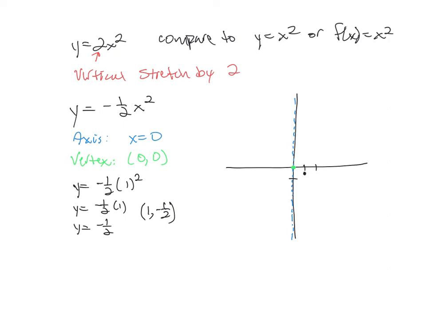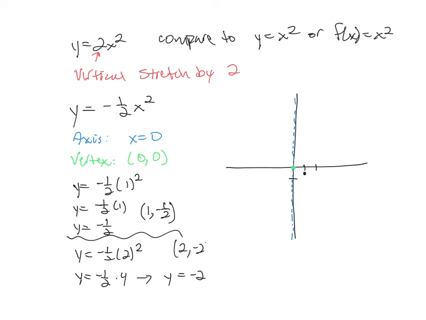You can just estimate it, that's close to the middle. Then I'm going to plug in 2. Negative 1/2, and I plug in 2. 2 squared is 4, and half of 4 is 2, but negative 2, because it's a negative and a positive. So I plugged in 2, and I got negative 2.